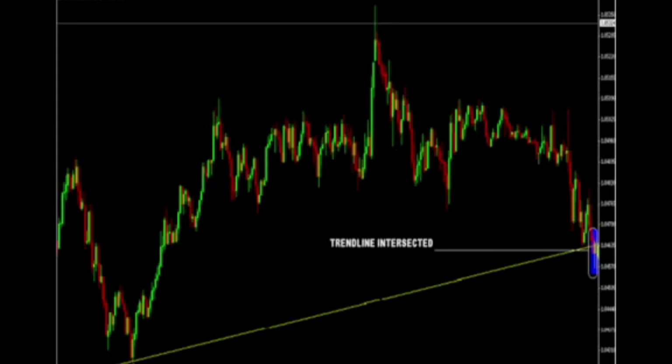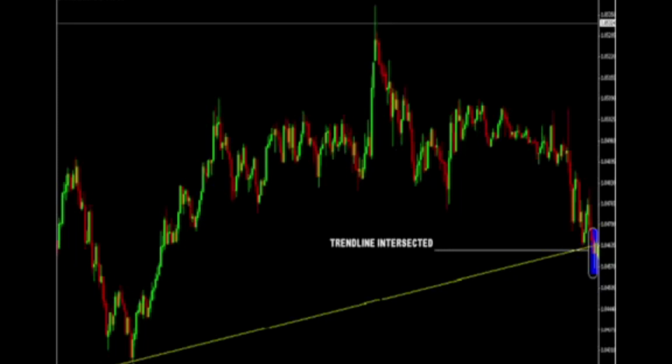A trend line is valid as long as it is not intersected significantly, and the price continues to obey it. A trend line becomes invalid when it is intersected significantly, and this could mean that the trend has now probably changed.